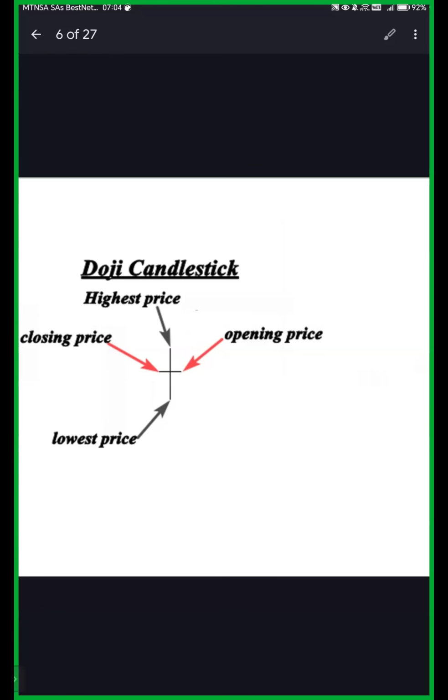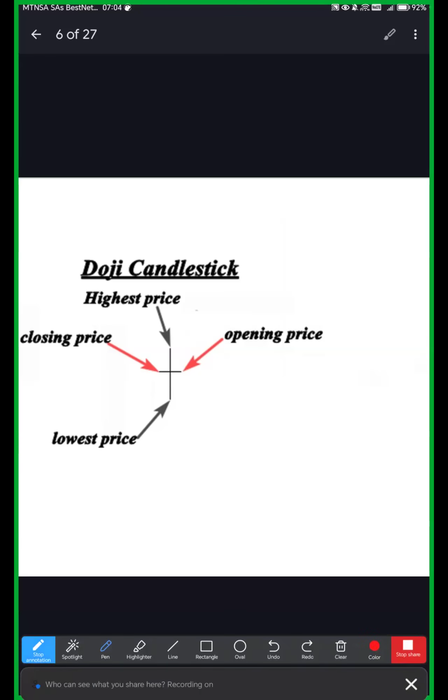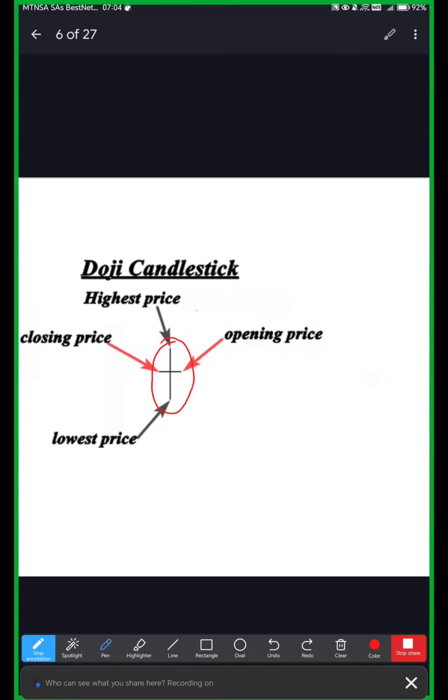The doji candlestick tells us about the market, and I want you to look here closely. It is in the form of a plus sign. You can see that the opening price and the closing price are at the same price.